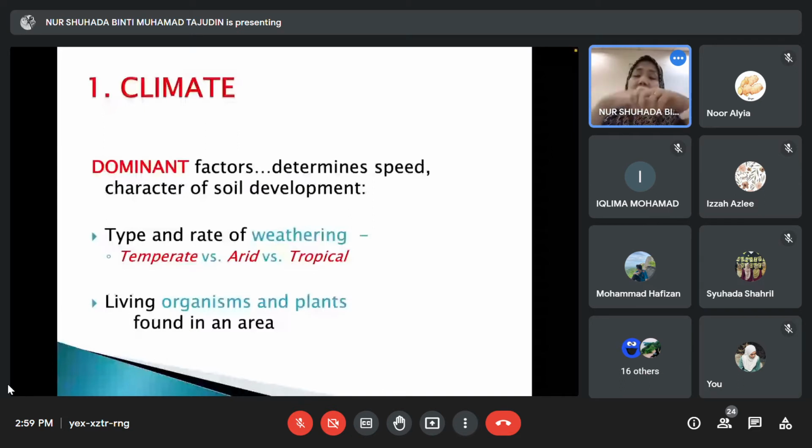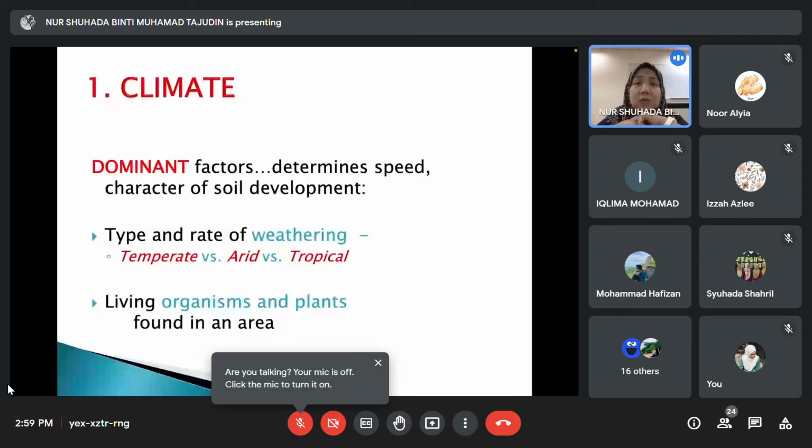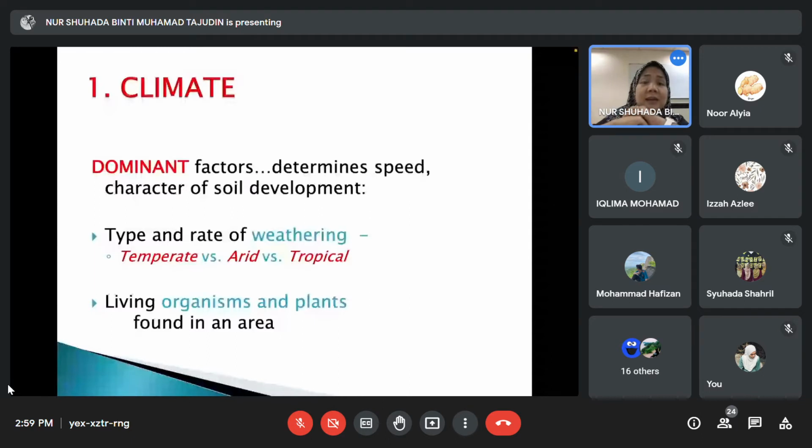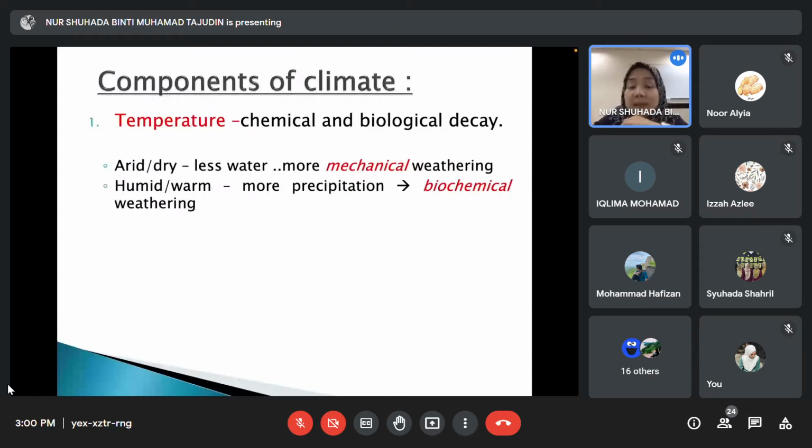So when you talk about tropical, it is always humid, and the weathering that takes place is always biochemical or chemical weathering. But in arid or dry areas, which have less water, it is more mechanical weathering.